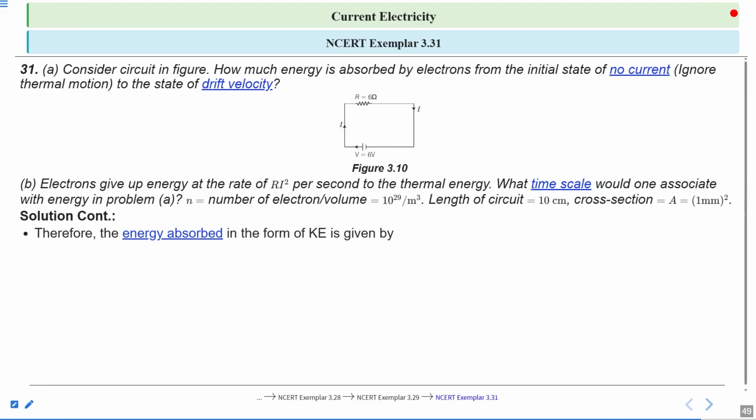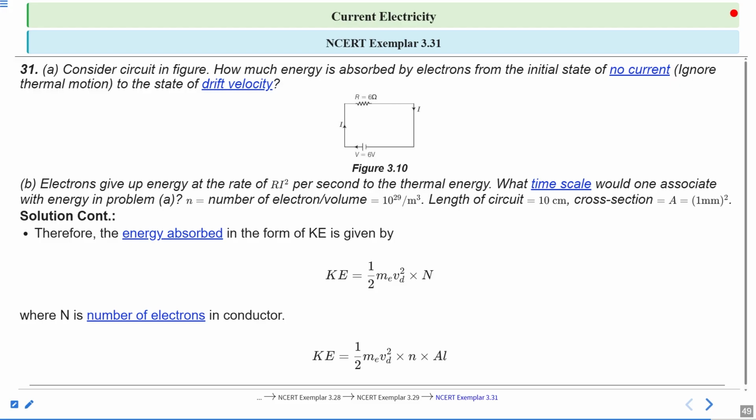Therefore, the energy absorbed is in the form of kinetic energy. Kinetic energy is equal to half m_e Vd square, that is the energy of one electron, into capital N, where N is the number of electrons in the conductor. So kinetic energy is given by half m_e Vd square into small n, the number of electrons per unit volume, into Al, which is volume.